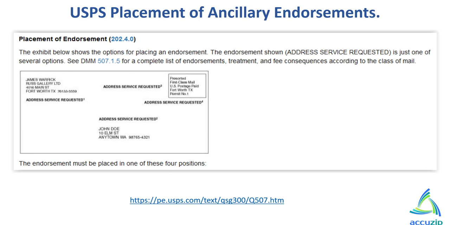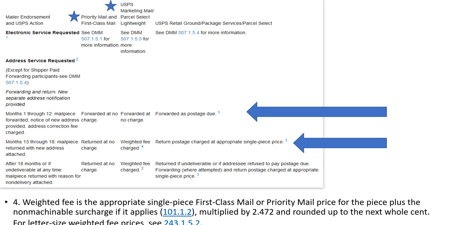There are specific places on the envelope where you can put an endorsement when you're doing a service type in the Intelligent Mail barcode that requires one. Those places are right under the return address, to the left of the permit, under the permit, or right above the address area. And those are the only 4 places allowed by USPS.